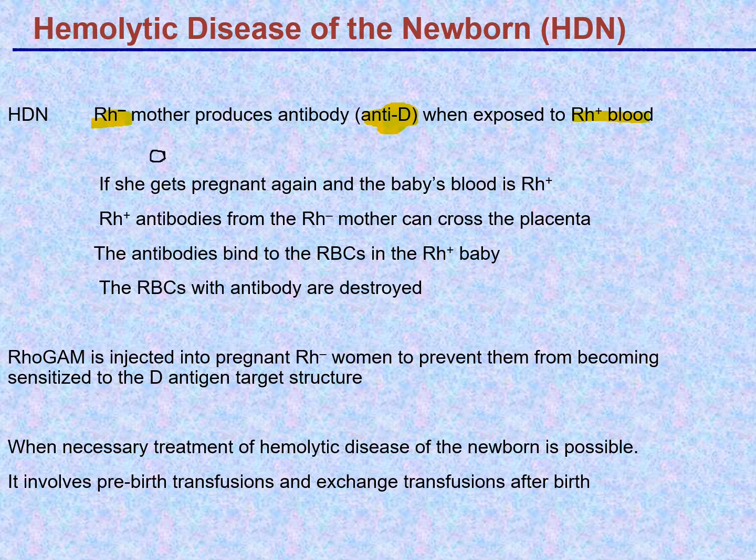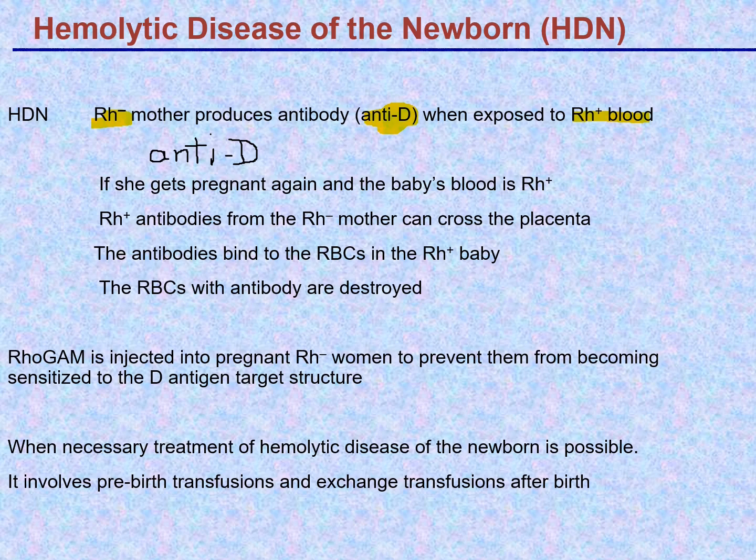because fetal blood typically does get across the placenta, particularly at the time of delivery. In the placenta, the blood vessels of the mother and the baby are very close. They're not directly connected, but they're extremely close. And at birth, when the placenta separates, certainly some of the baby's blood gets across into the mother.